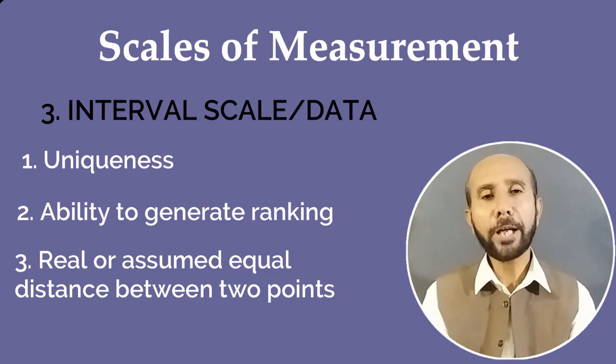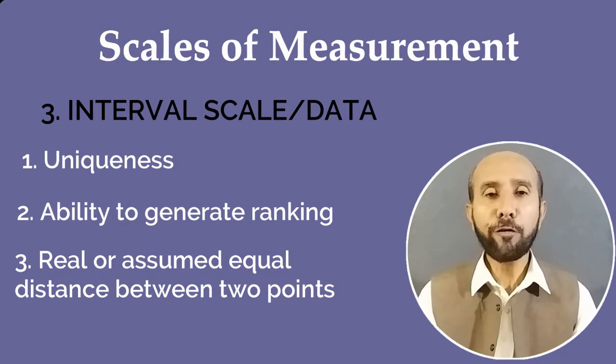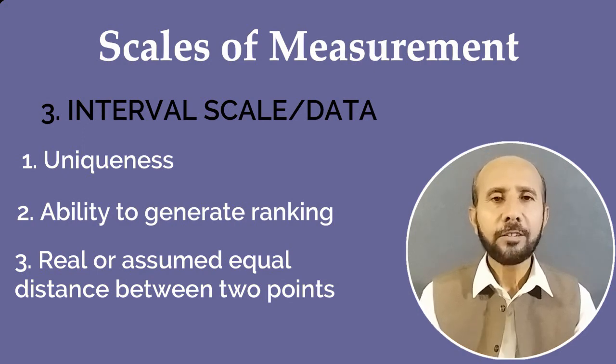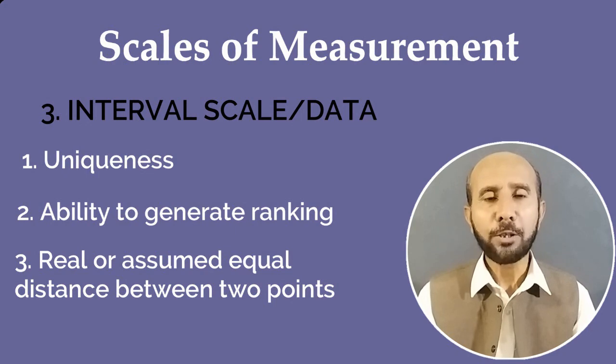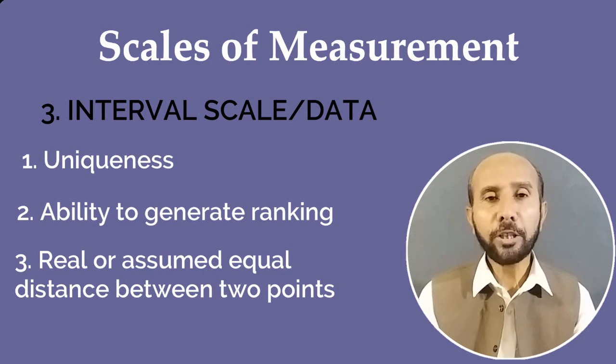It is also known as equidistant scale. With the interval scale, it becomes possible to know the difference between the two ranks or points on a scale. In the example that I discussed in ordinal scale, by using interval scale, it becomes possible to know the difference between the top 5 position holders in that class, provided that the difference between each rank is equal.